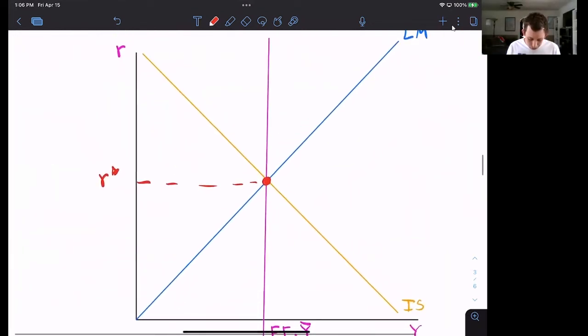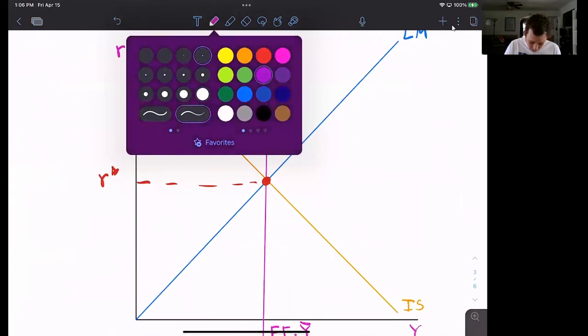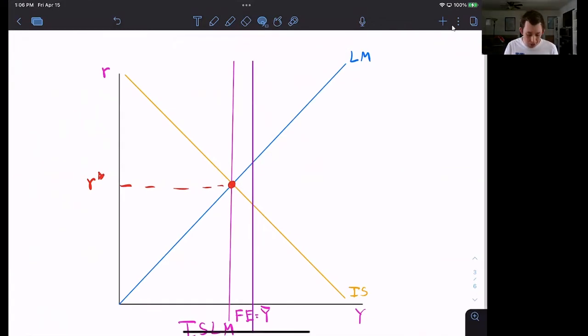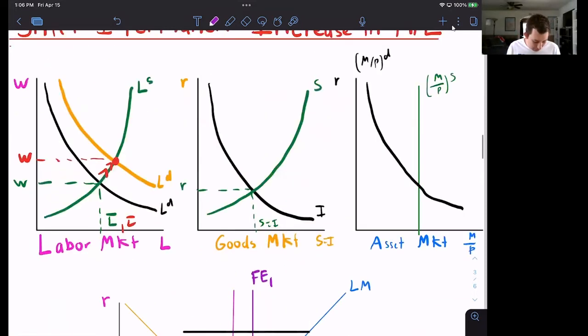Because the total employment has gone up, the full employment line in our ISLM curve will also go up. So here is our maybe new full employment line. I'll call it FE1. Now, notice that we have more income now. Bill is working more for a higher wage.